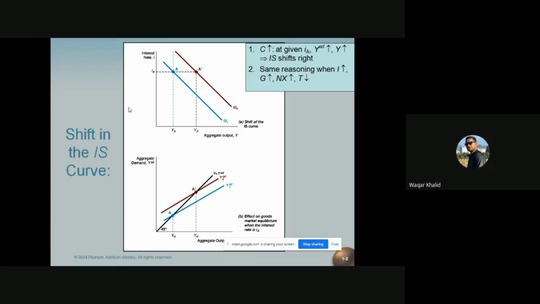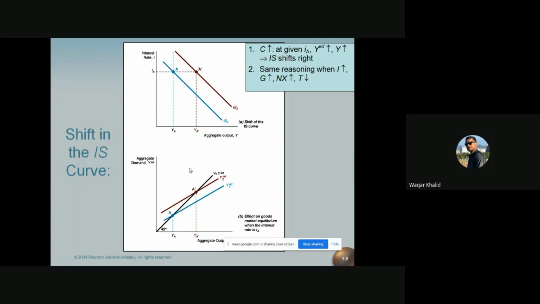But if we reverse the case, if there is a decrease in net exports unrelated to the interest rate, what will be the result? Conversely, an autonomous fall in net exports shifts the aggregate demand function downward and the equilibrium level of output falls, shifting the IS curve to the left.